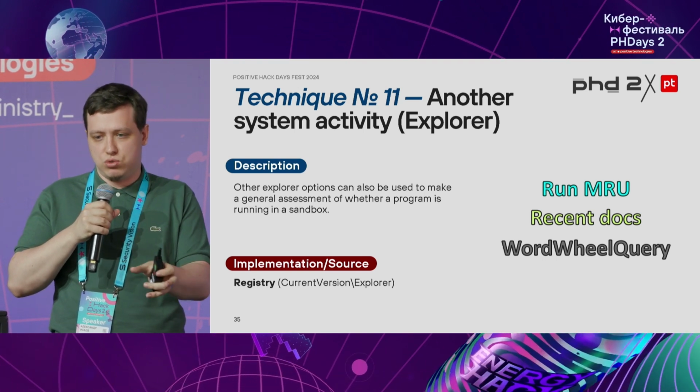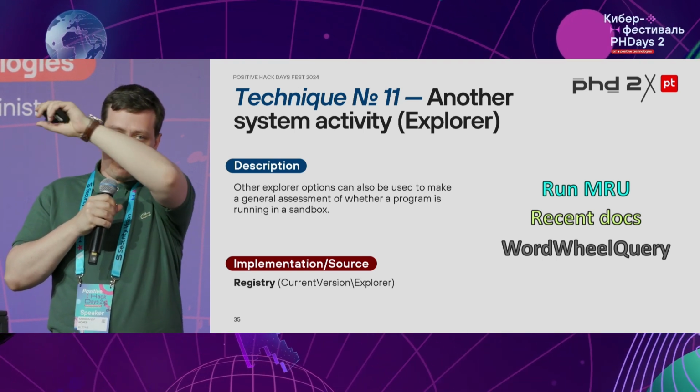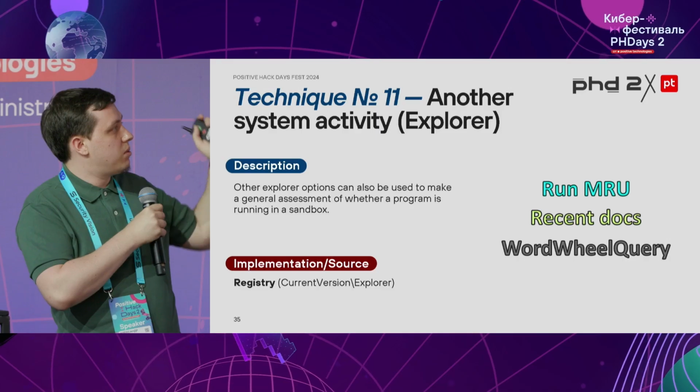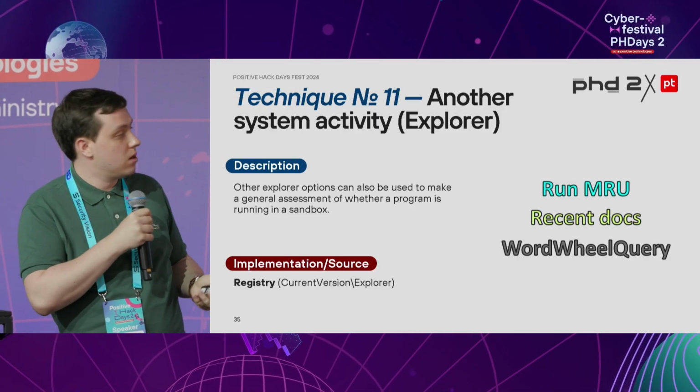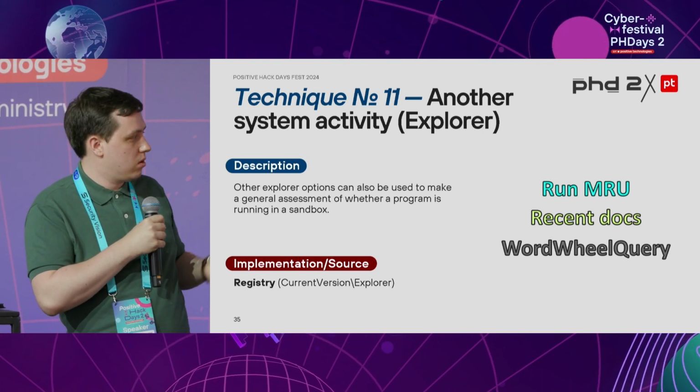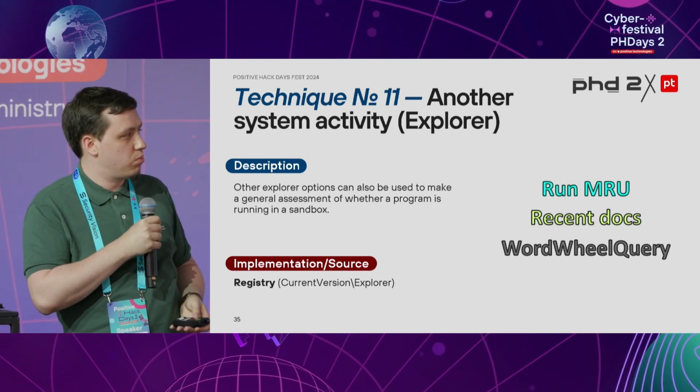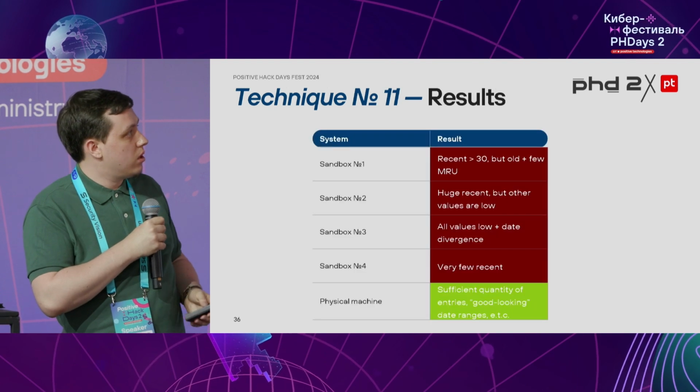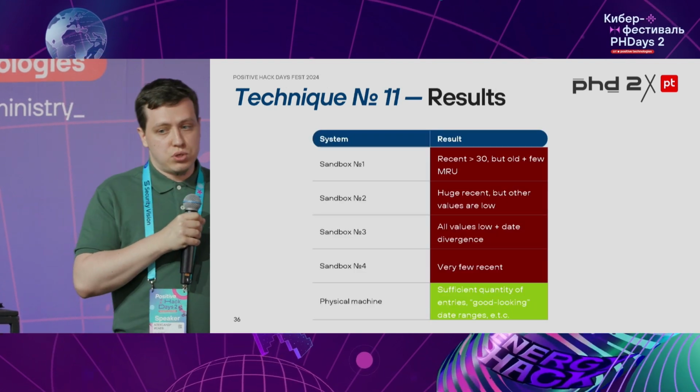It's not the same as the File Explorer that you get next to the Start button, but usually it's in the File Explorer, somewhere in the right top corner. So these three techniques combined together is what I call another system activity. And we are looking again at the registry and the user in the Explorer, and these are the results.